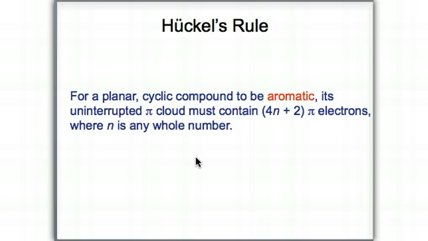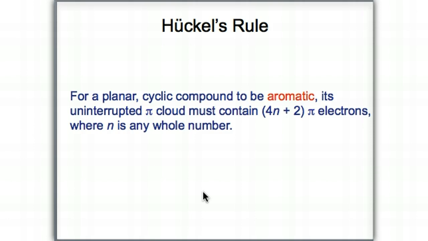So how many electrons must an aromatic compound contain? If n is 0, then the number of electrons, 4n plus 2, would be 2, and we'd have one pair of electrons. If n were equal to 1, we'd have 6 electrons, 3 pairs. If n is 2, we'd have 10 electrons.